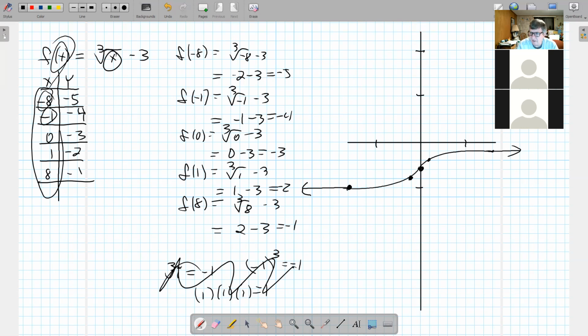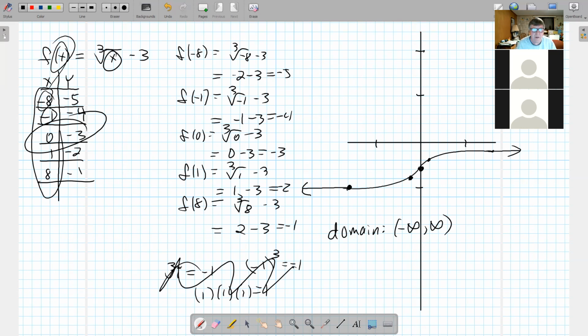Yep. How about negative? Can I take the cube root of any negative number? According to the line, it looks like. And how about 0? Can I take the cube root of 0? I did right there. Yes. So what's the domain? All real numbers. Yeah. Okay, excellent.